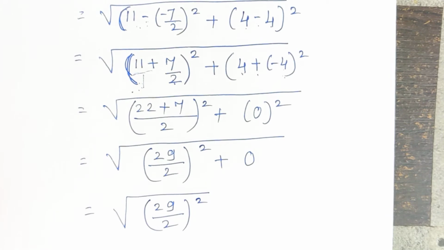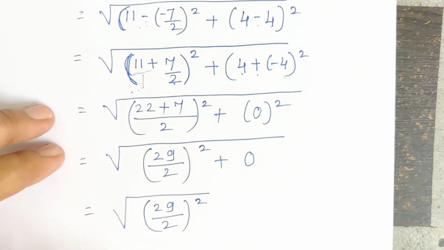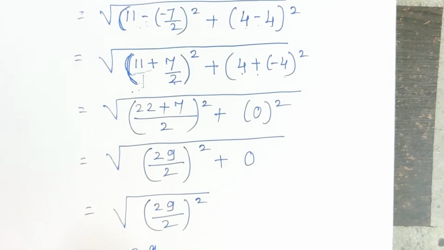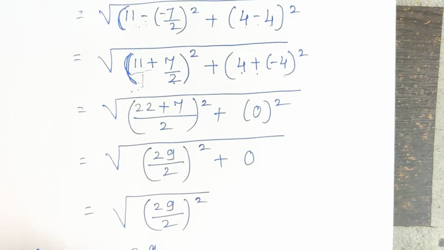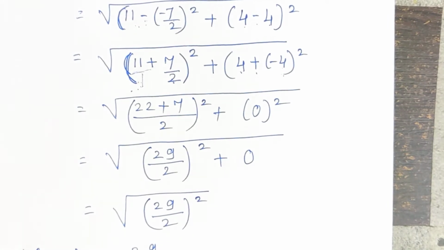Now we want WX, so take the square root. The square root of (29 upon 2) square will be only 29 upon 2. That means distance of WX equals 29 upon 2. If you simplify this fraction, you will get 14.5. 2 1s are 2, 2 4s are 8, 2 5s are 10.